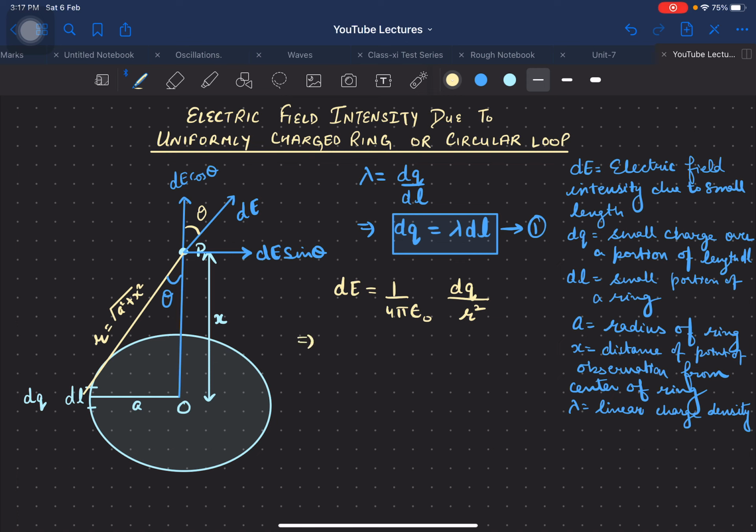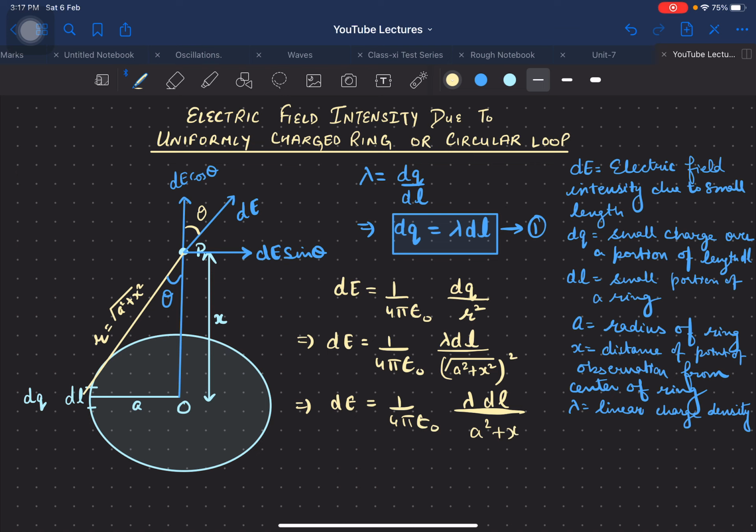Now from equation number 1 we can substitute the value of dq, that is lambda dl, and we have already calculated the value of r square, that is under root of a square plus x square, whole square. Therefore dE is equal to 1 upon 4 pi epsilon naught lambda dl upon a square plus x square. So this is our equation number 2.